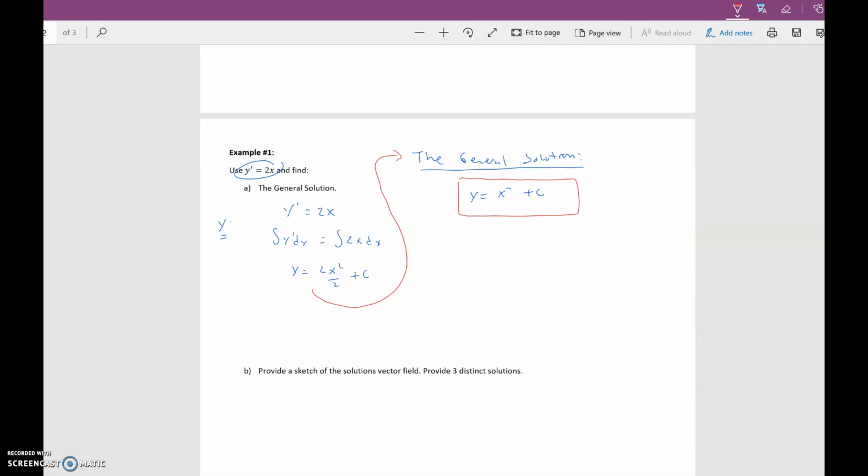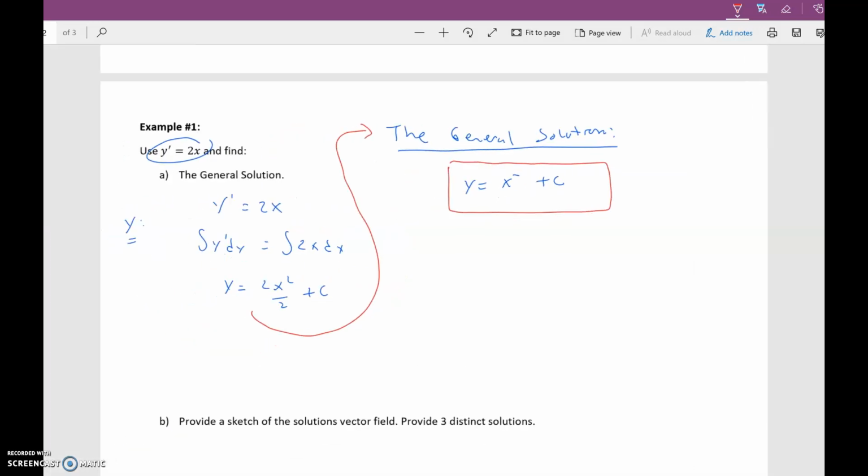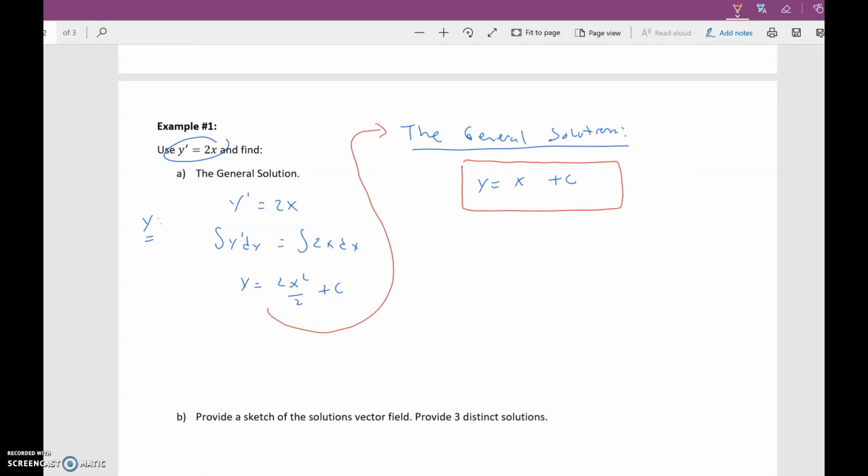We can only state an interval if your original problem has a domain that has been restricted. Then we would mention that it only works within this interval. With no restrictions on the differential equation, that's our general solution.